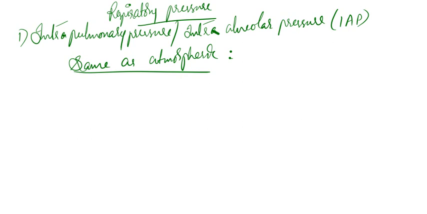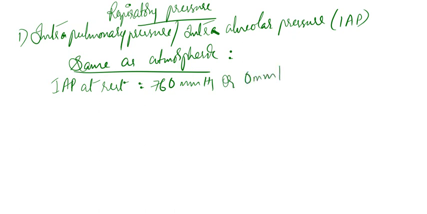The pressure in the atmosphere and the pressure in the lung are the same. For example, intra-alveolar pressure at rest is 760 mm Hg, which equals atmospheric pressure, or you can also call it 0 mm Hg when compared to Earth's atmospheric pressure, because both are the same.